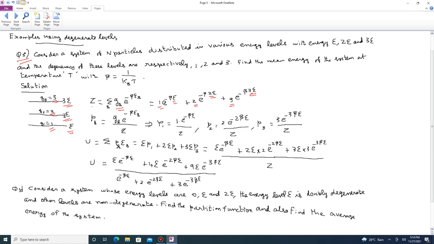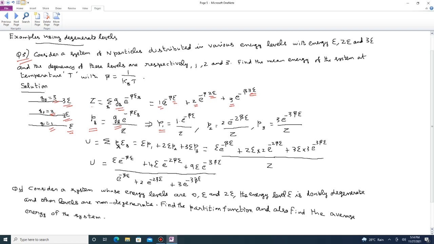Then let us calculate the expression for P_s, the probability of occupation. So P_s is equal to, again you have the expression, g_s e power minus beta E_s divided by Z. So using this expression, you substitute and find P1.